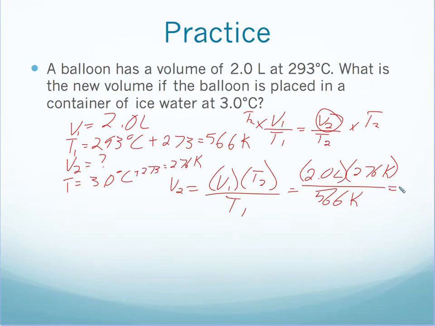So 2 times 276 divided by 566 should equal 0.975 or 98. So V2 equals 0.975 or 98. And this is going to be liters because my K's are going to cancel.